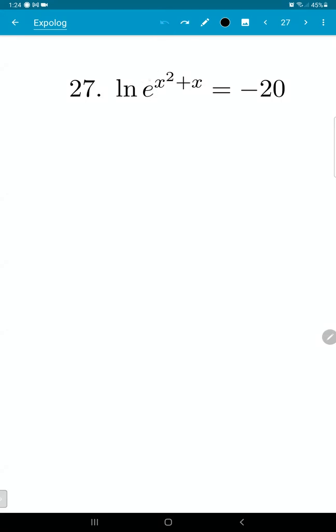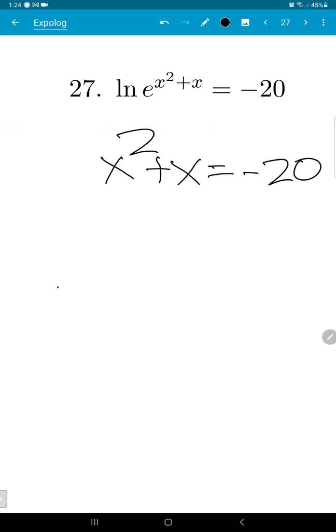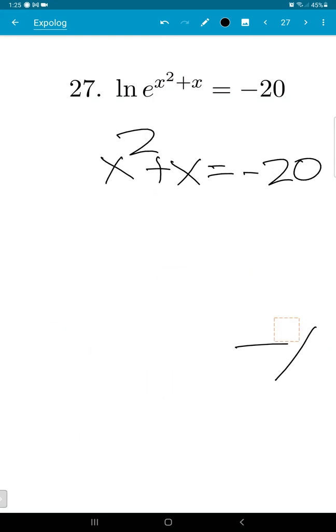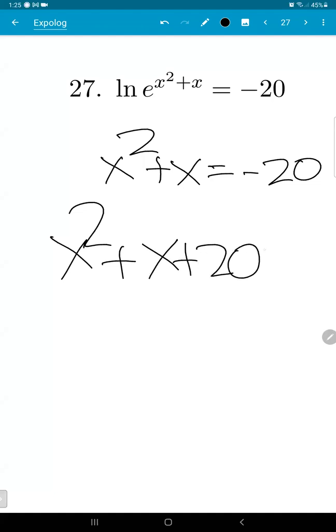You first raise base e to that, and you take the ln of that, and get back to that. This is always an identity. Ln e to the x is always x. You raise e to x, and then you take the ln afterwards, you get back to x. And you can just solve the quadratic equation there.